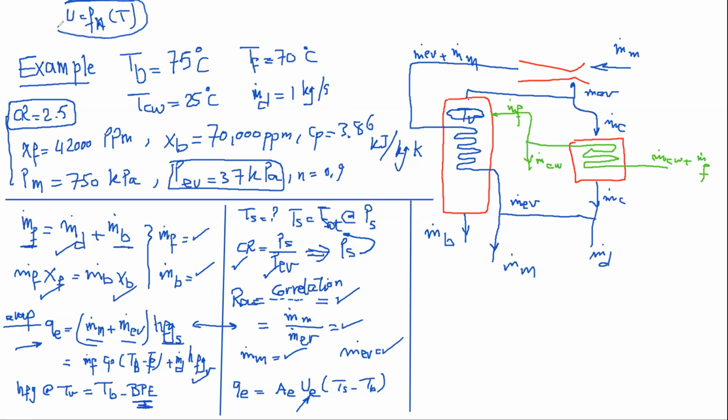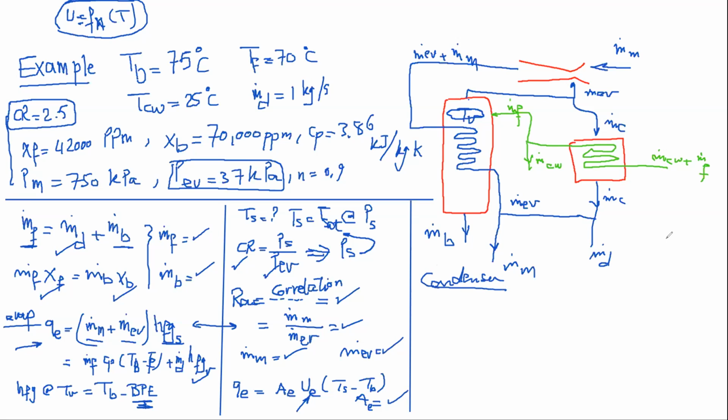An approximate value, but this value is accepted. So the overall heat transfer coefficient is also a known value once the temperature is known. And here all temperatures are known in this example. Now from here we can calculate the area of the evaporator. Then we'll get to the condenser.